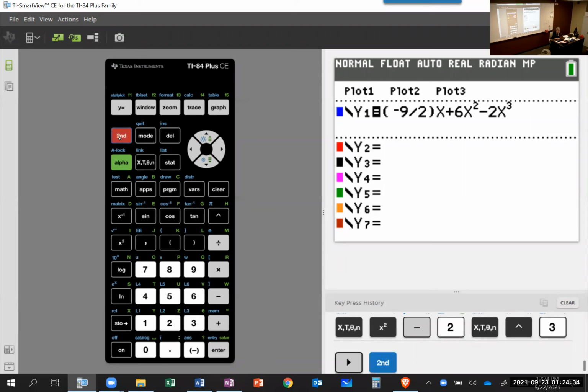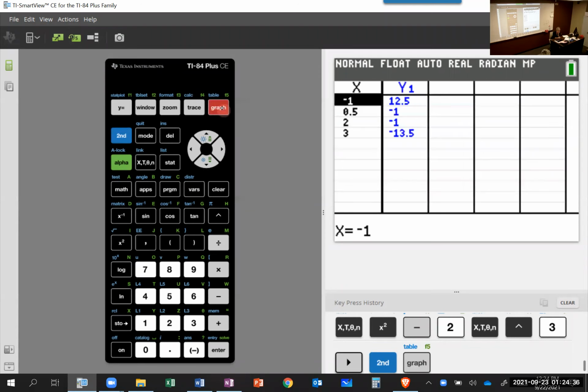And I'm going to go to my table. And at -1, we're positive. At +1, we're negative. And at +2, we're negative. So we went positive, negative, negative, correct?